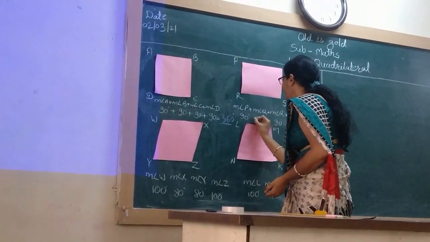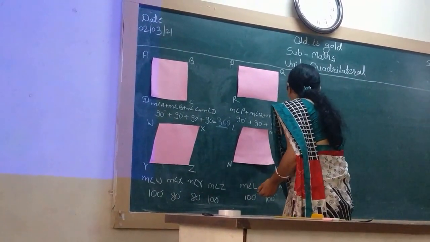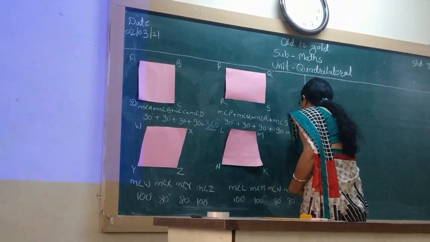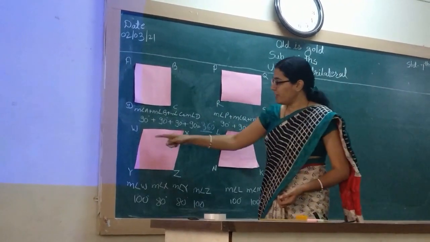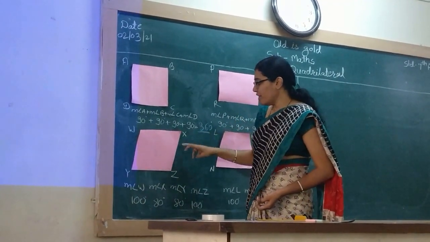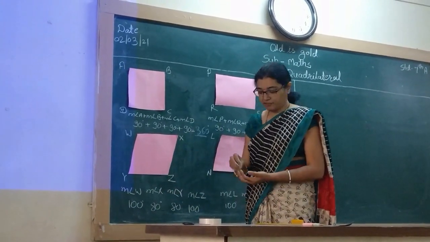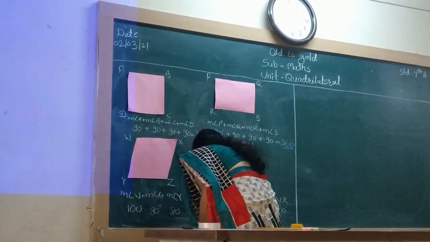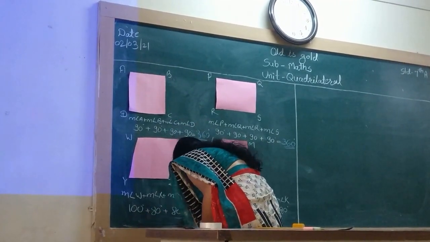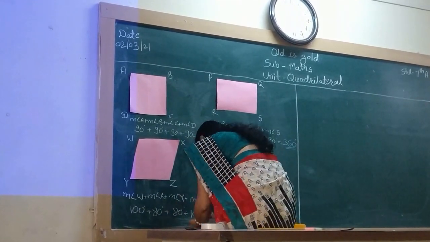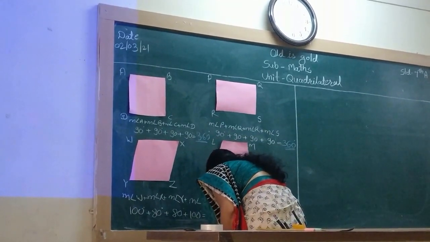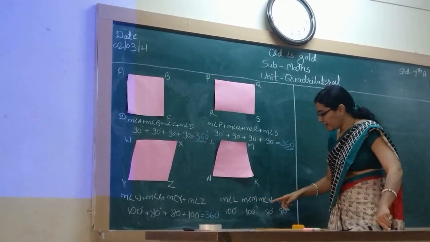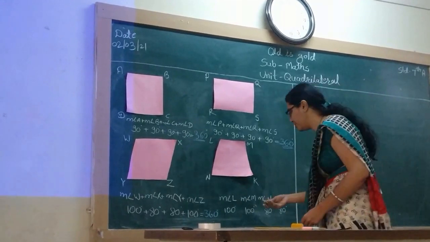Very good. Same way, when we add these angles W, X, Y and Z, what will be the addition? 360 degrees. It is also 360 degrees. Then addition of L, M, N and K. 360 degrees. Okay, very good.